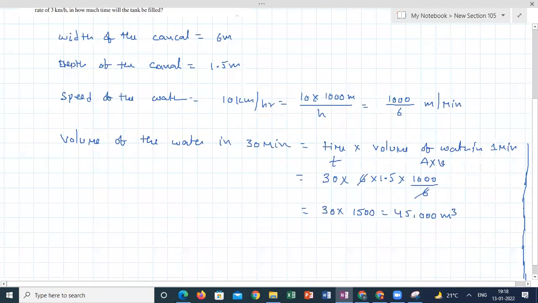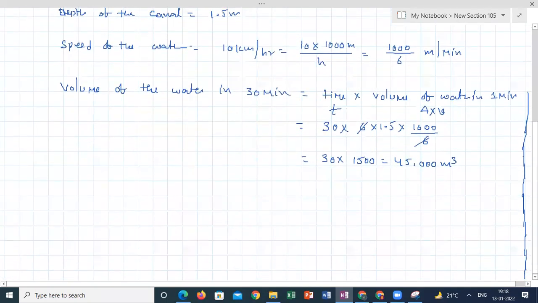So with this much water, he is irrigating the fields. How to fill the fields? He wants to fill the fields in such a way that 8 centimeter of standing water is needed. So this is the area he is irrigating, and he wants to fill the water up to 8 centimeter. So how much area?